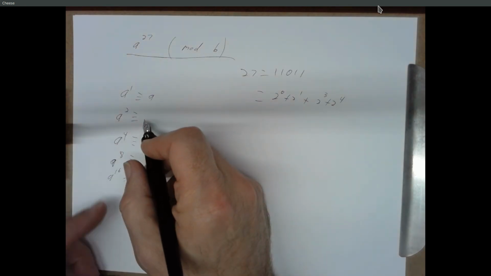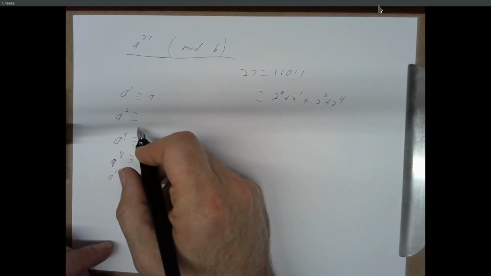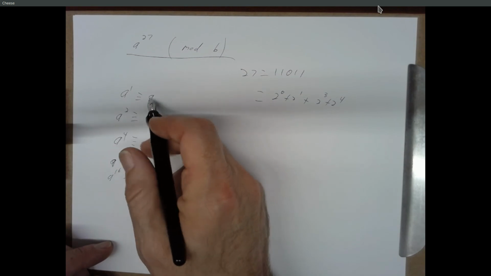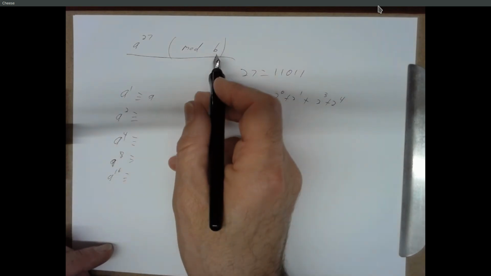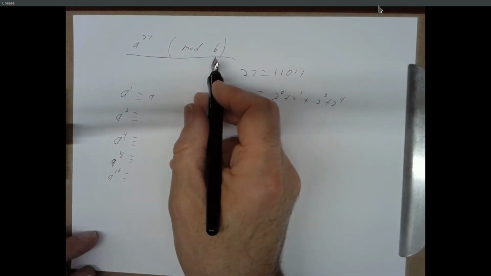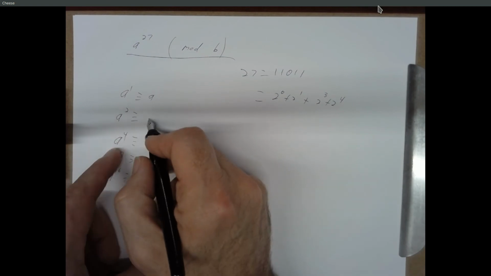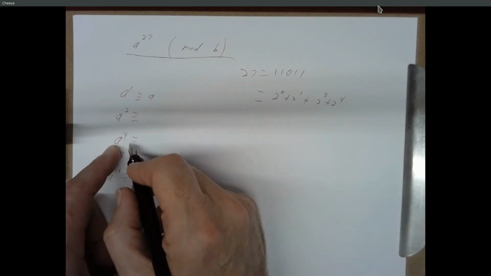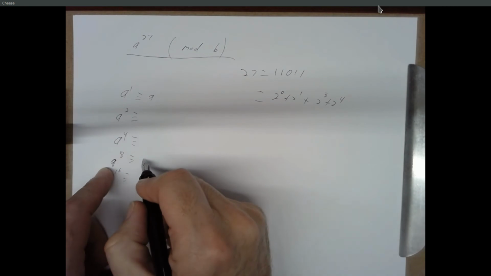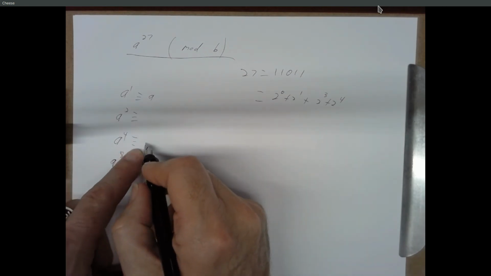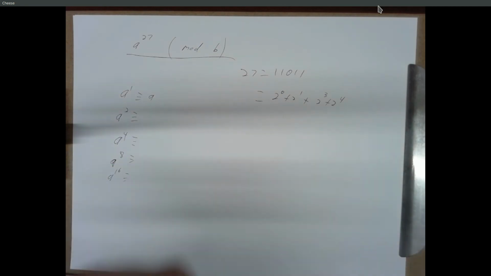Square a and reduce it modulo b, and you'll get something between 0 and b minus 1. Take that result and square it again, that'll give you a to the 4th. Take that result and square it, that'll give you a to the 8th. The biggest any of these things gets is b minus 1, so the biggest the square gets is b minus 1 squared, so it's relatively small.